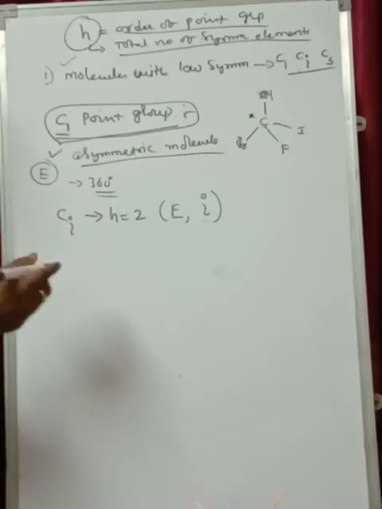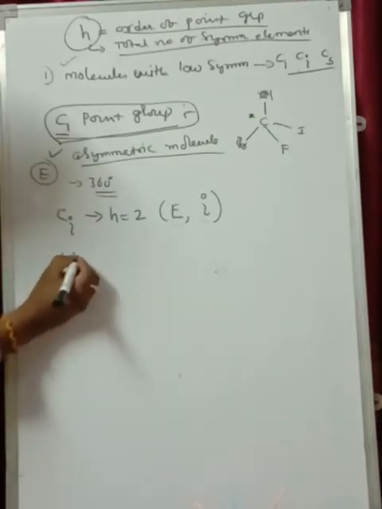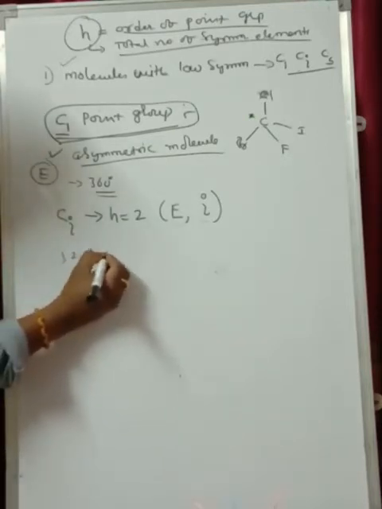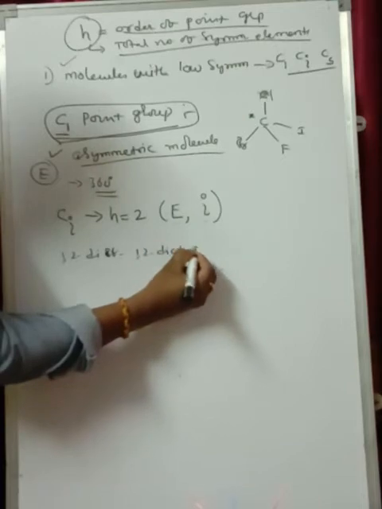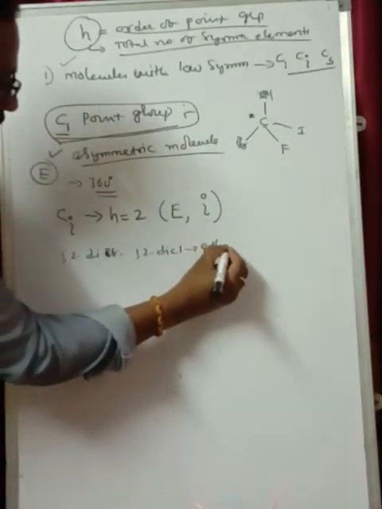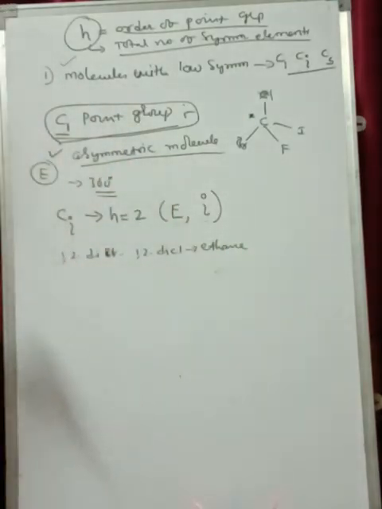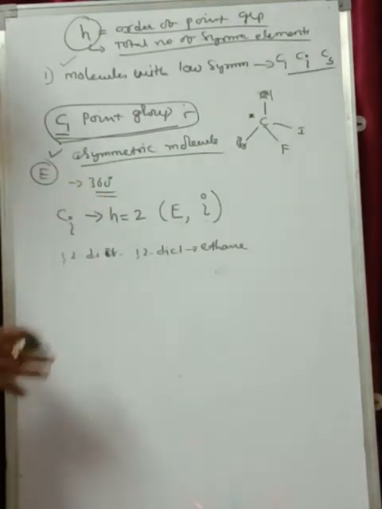Now for this, 1,2-dibromo-1,2-dichloroethane. This particular molecule has only the center of inversion. There is no other symmetry element.